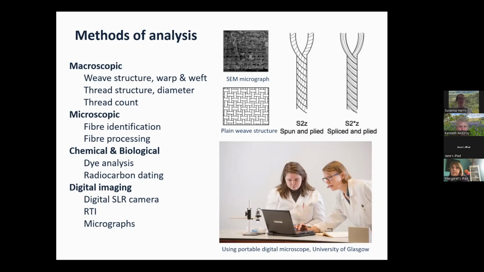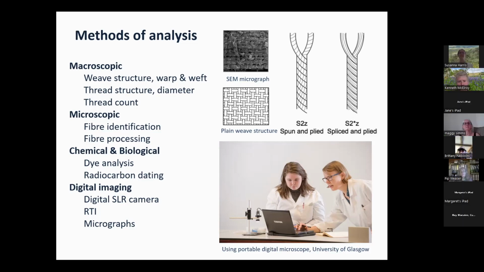If we investigate from what we call a macroscopic perspective, so broadly the dimensions of our eye, with maybe magnification up to 20 times, quite low magnification, here we might be trying to understand, say, the weave structure, how something's interwoven. We can observe that. We might look at how the yarns are made, the thread counts, how many threads there are per centimetre as a way to broadly understand the coarseness or fineness of the fabric.